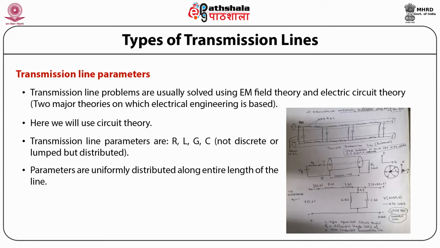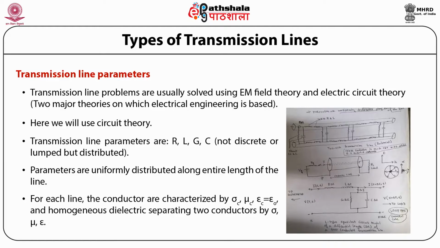Parameters are uniformly distributed along the entire length of the line, which is clearly shown in this figure. For each line, the conductors are characterized by sigma C, mu C, epsilon C equal to epsilon naught, and the homogeneous dielectric separating the two conductors is characterized by sigma, mu and epsilon.